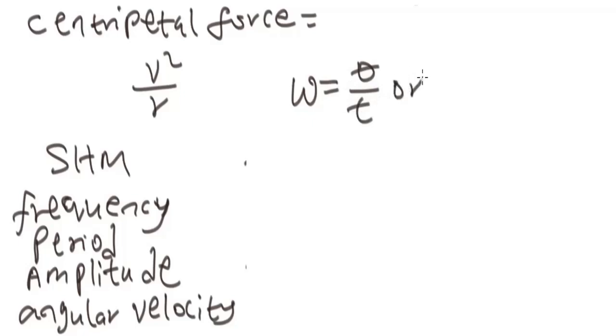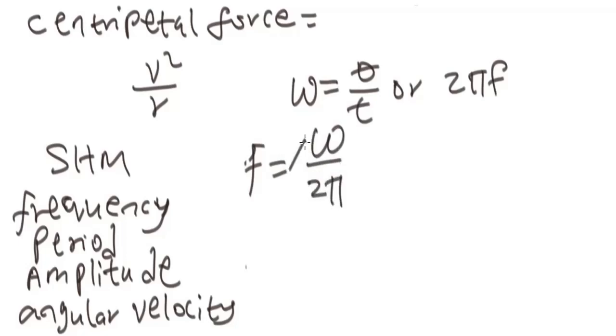Alright, or angular velocity can also be calculated using 2 pi f from one of the formulas for frequency. Frequency equals W over 2 pi. So when you cross multiply, W will result to 2 pi f. So that's how I got this 2 pi f. Alright, so don't be confused with it.